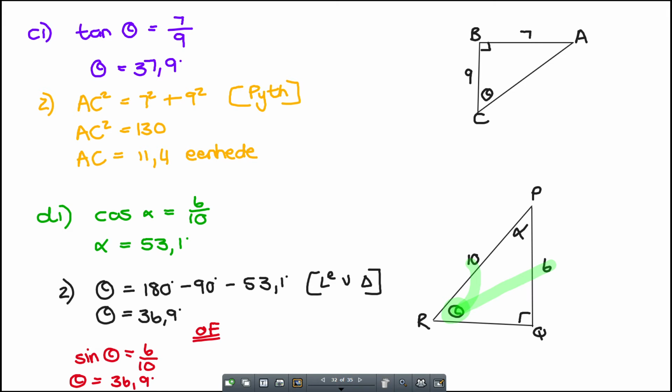So opposite and hypotenuse means that I'm going to use sine. Okay, and then it gives you exactly the same. Any questions?